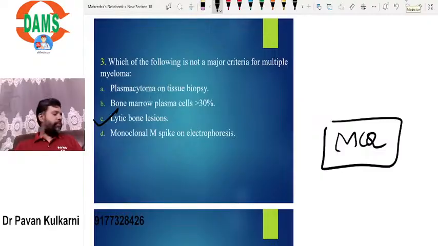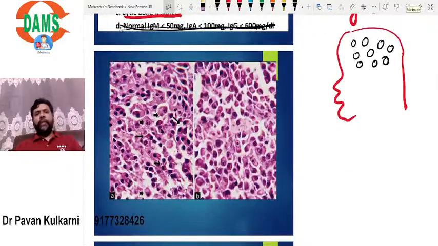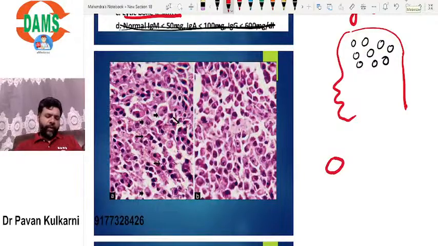Okay, next. Let us move to the next question here. This is just a histopathology to show how a plasma cell will look. I'll just roughly draw a diagram for you. Suppose this is a plasma cell. Let me shade the cytoplasm lightly.